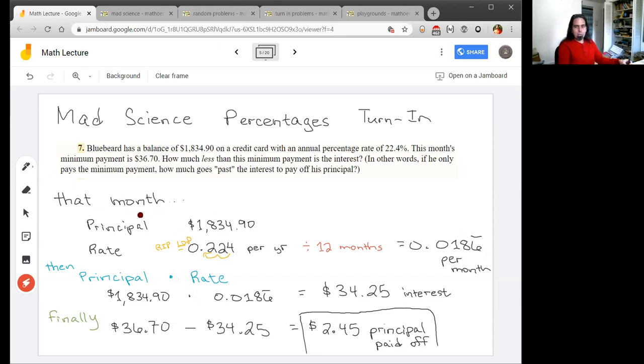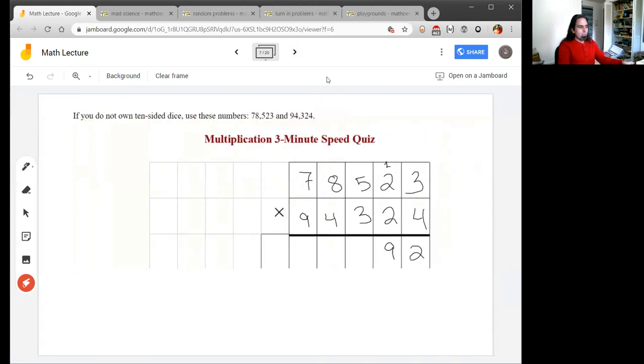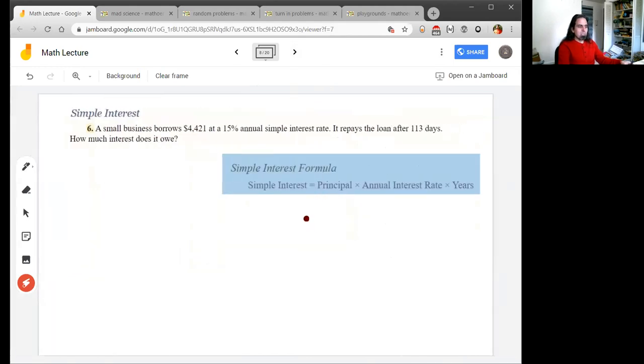This is one credit card bill he gets. So the time frame wasn't something we had to think about. In general, with simple interest, the time frame is. So here's a problem that has 3 numbers. It has a principal, it has a simple interest rate, and it has a time.